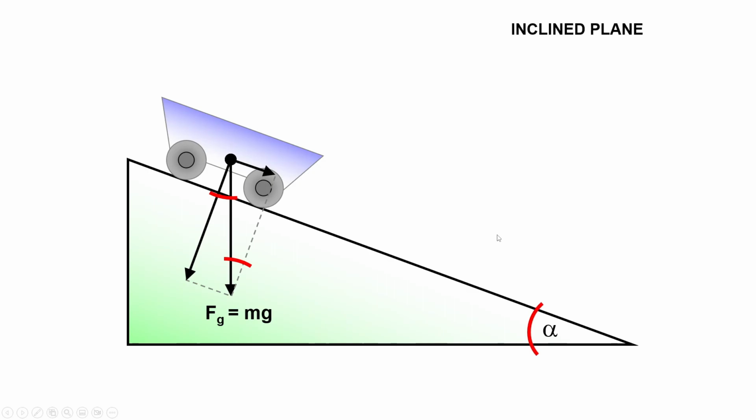Now, using a little bit of SOHCAHTOA type of trigonometry, we can find that the sliding force, this shorter arrow responsible for moving things down the slope, is an opposite edge in the triangle for which the hypotenuse is equal to mg.